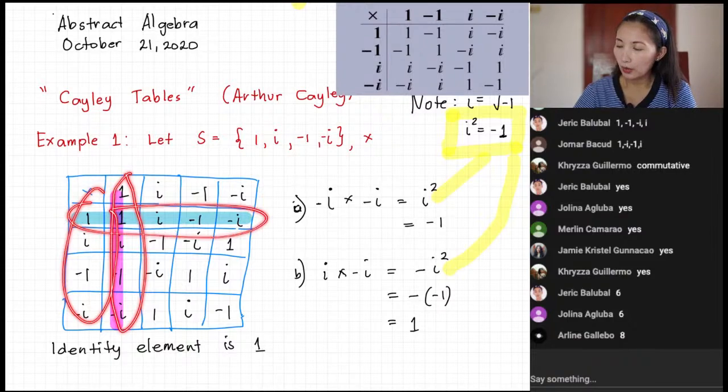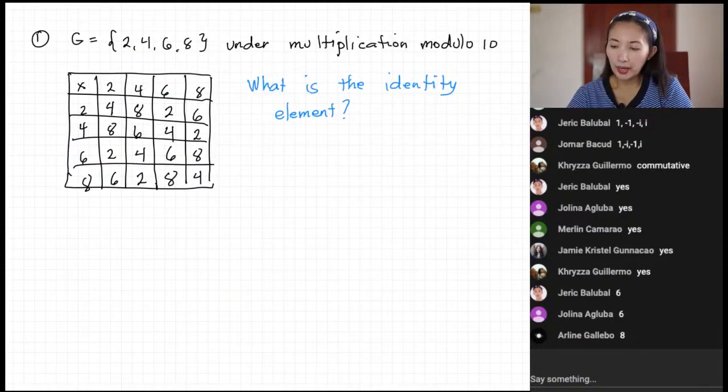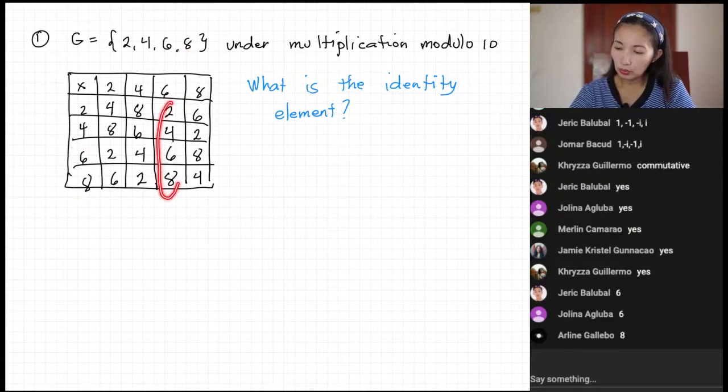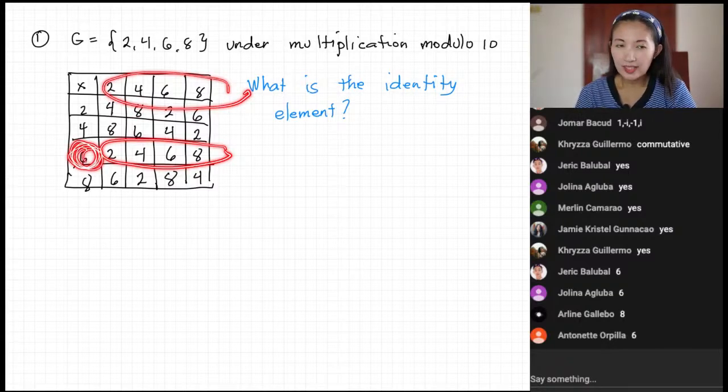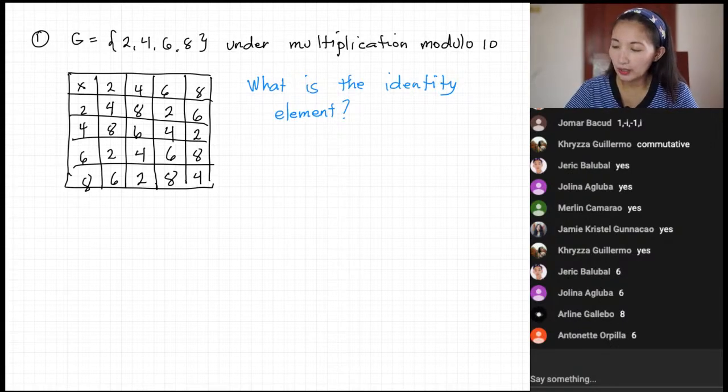Compare, and pay attention to the third row and third column. Look at this: 2, 4, 6, 8, and 2, 4, 6, 8. Which means that the identity element must be 6. So here, E is equal to 6. The identity element is 6.